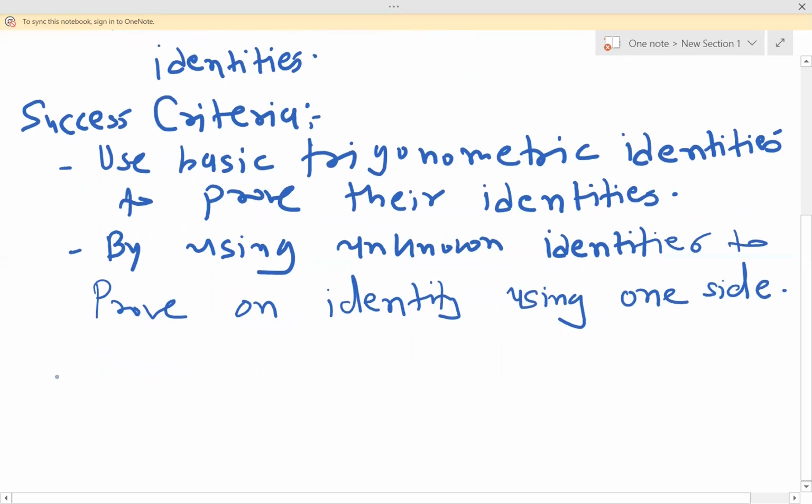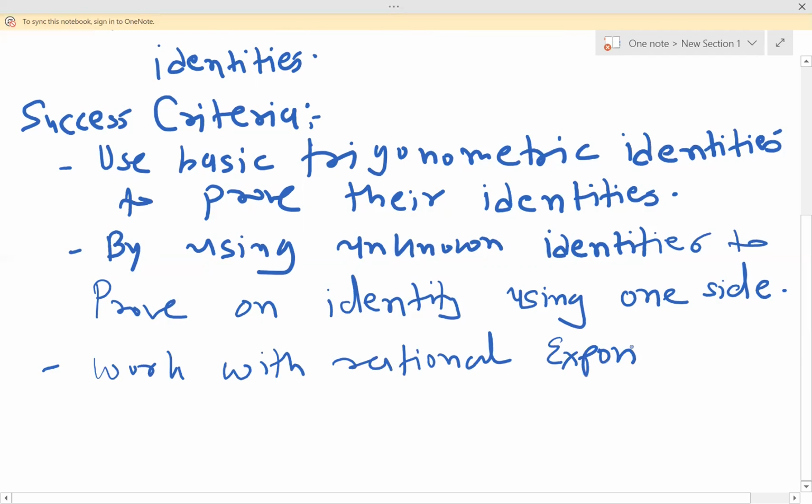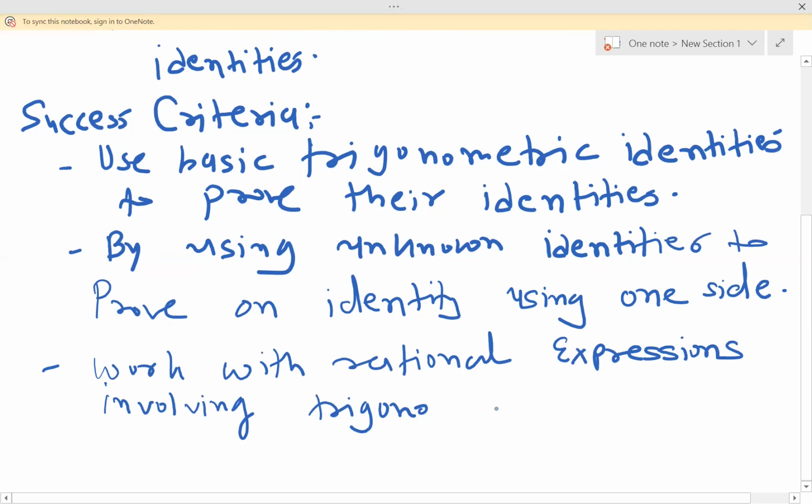Okay, so my third criterion will become working with rational expressions involving trigonometric ratios. Okay, so this is my success criteria.